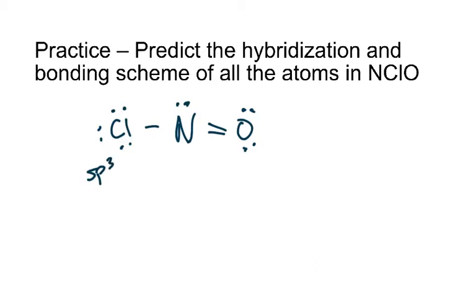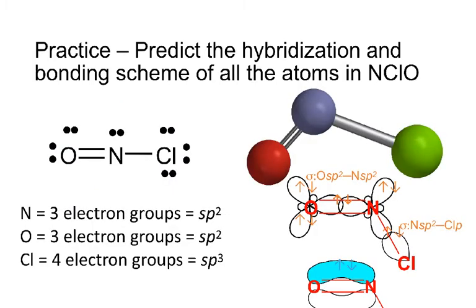Forms a single bond. It has 4 electron groups, so it's sp3 hybridized. My nitrogen has 3 electron groups, so it's going to be sp2 hybridized. And so this bond here is going to be a direct overlap sigma bond. This is going to be a sigma plus a pi bond. My oxygen is going to also be sp2 hybridized. And there we go.